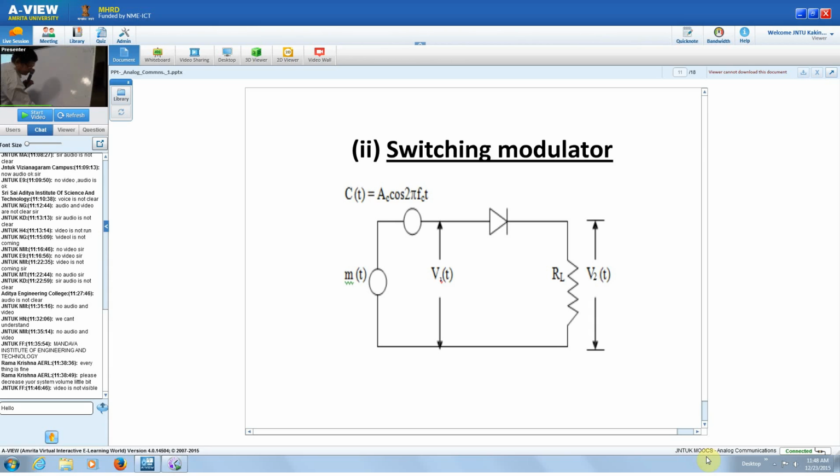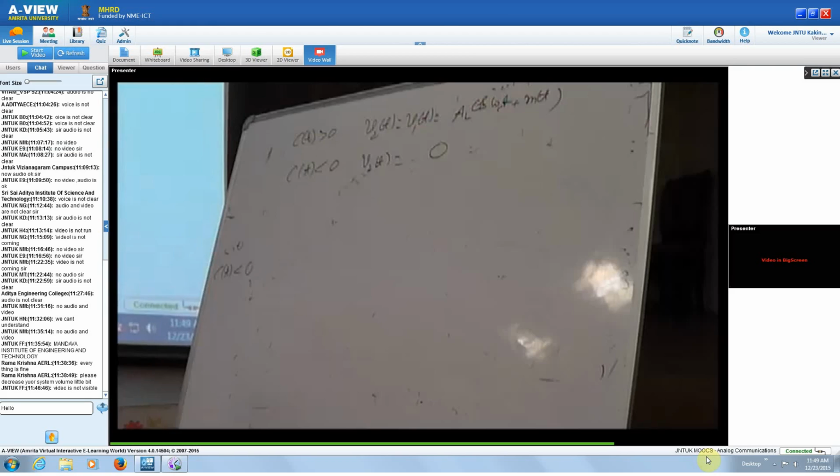That means if C of t is greater than 0, V2 of t is V1 of t, which is nothing but A C cos omega C t plus M of t. For C of t less than 0, V2 of t is 0, right, because it is negative. The diode is reverse biased.